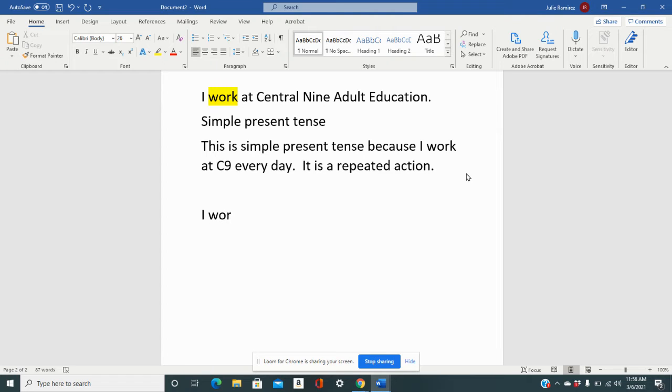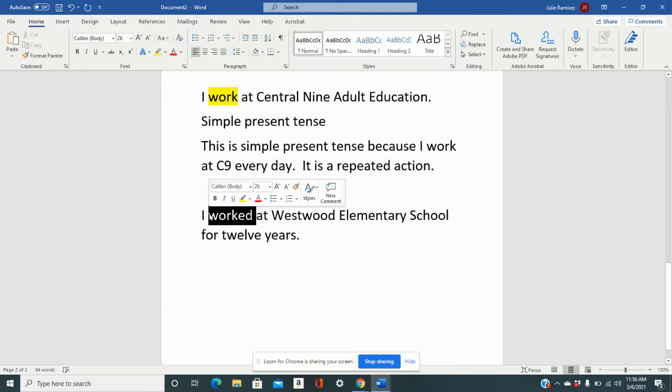I worked at Westwood Elementary School for 12 years. So now my verb is worked. It's a regular verb, and with regular verbs, to make it past tense, I add ed. Okay, so this is simple past tense.